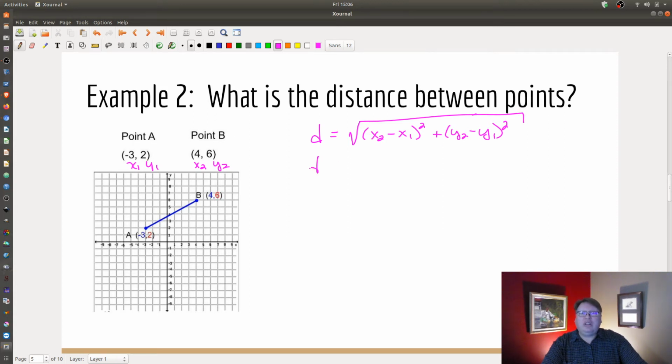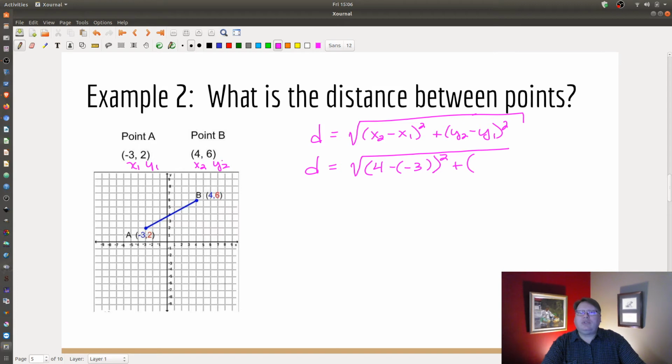And so we're going to substitute everything that we know into this formula. Our x2 is equal to 4. Our x1 is equal to negative 3. And I'm going to put that in parentheses, like I always do with my negatives.